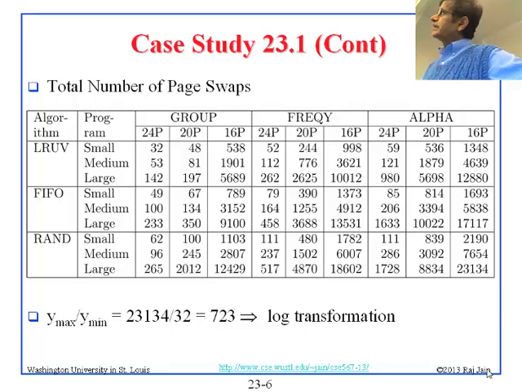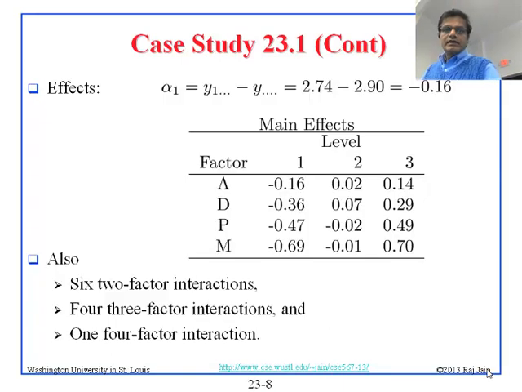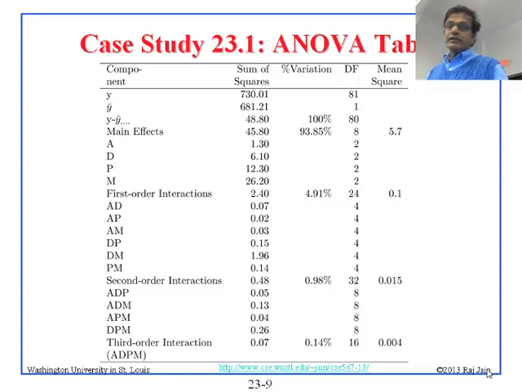So we will take 53, program is medium, algorithm is LRUV. I think all of these will have that property. The algorithm is LRUV and the program is medium, and that's the only one set. So you add them up and then divide by the number here, whatever they are, and that will give you that mean. And then you have to subtract the overall mean. One thing I'm not sure is whether you have to subtract more than the overall mean, but that is in the book. You can look that up.